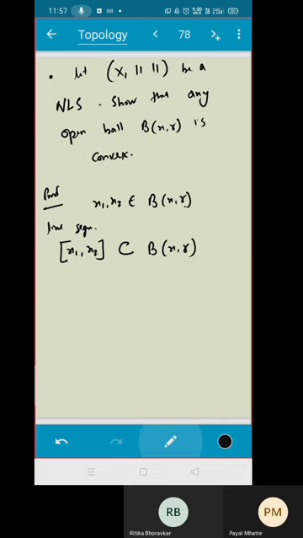How are you going to prove this? Again, the same thing. You would like to prove one set is a subset of the other. What else do you know about x1, x2? You just write the definition, and you will be able to prove it. So the method is the same. You have to take an element in the set and try to prove that it satisfies the condition.